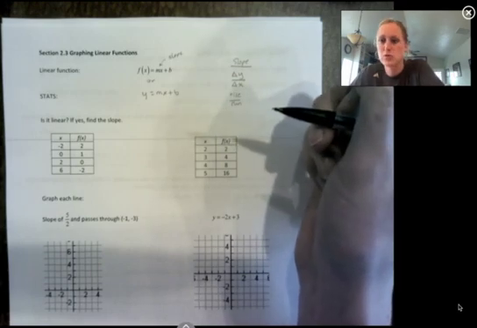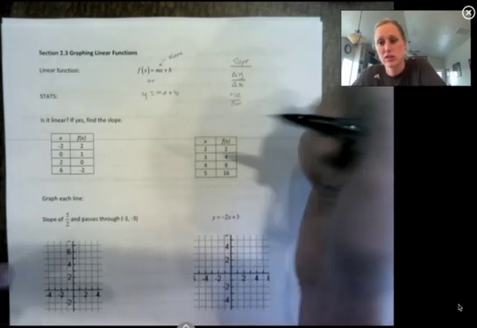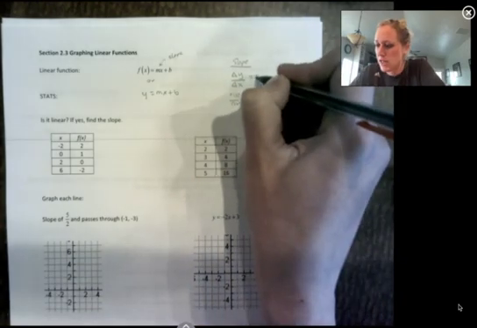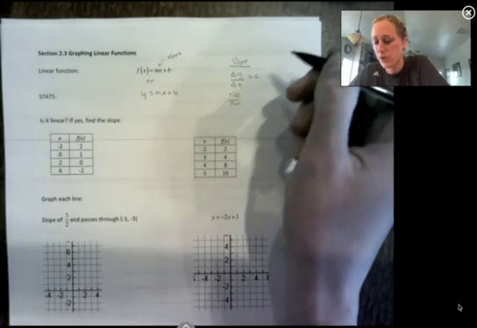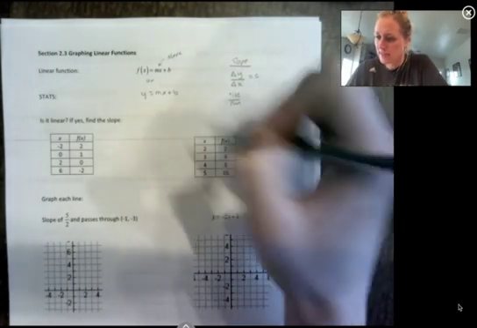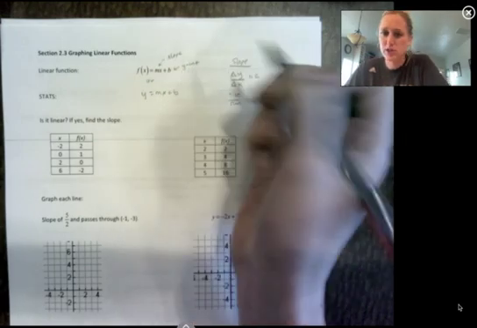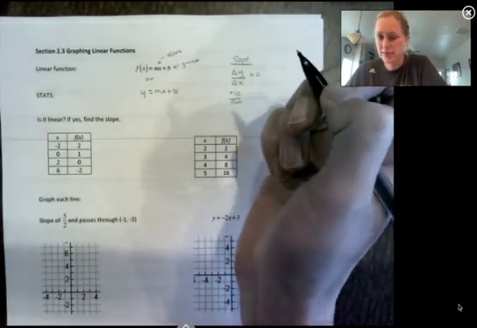And this slope part is what makes functions linear. So the fact that there is a constant change. So I'm actually going to put equals c for equals a constant, okay? All right, b is the y-intercept, which is the point at which the graph crosses the y-axis, okay?